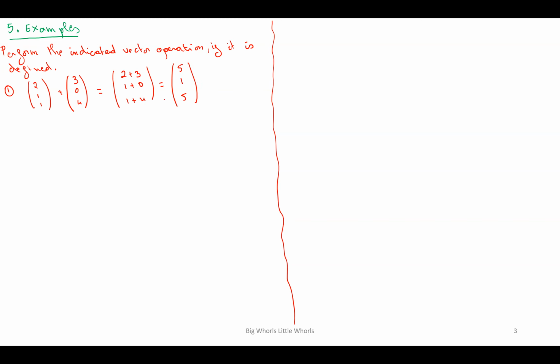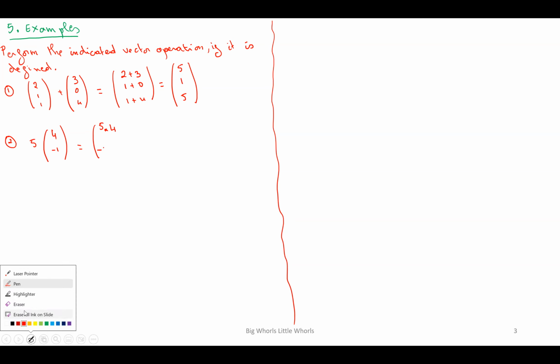The next operation is 5 times (4, minus 1). This is scalar multiplication. So we do 5 multiplied by 4 and 5 multiplied by minus 1.